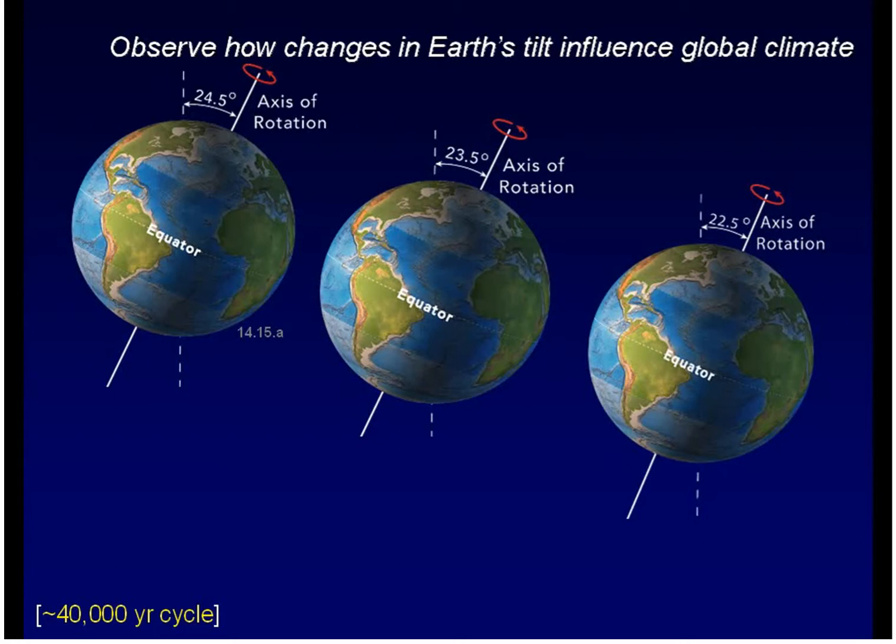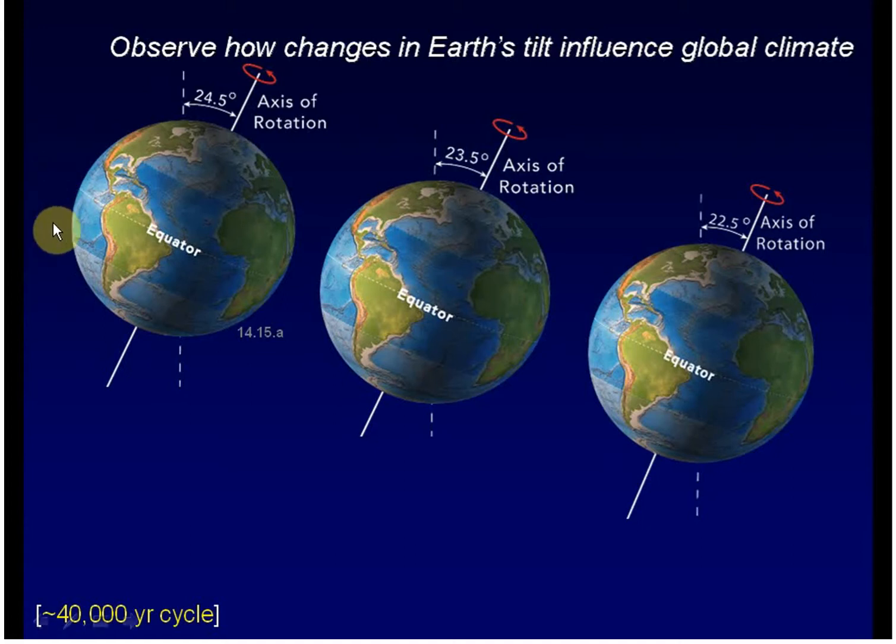The first of these cycles is, as it says down here, a 40,000 year cycle, and this is related to how the earth changes its tilt with respect to the sun.